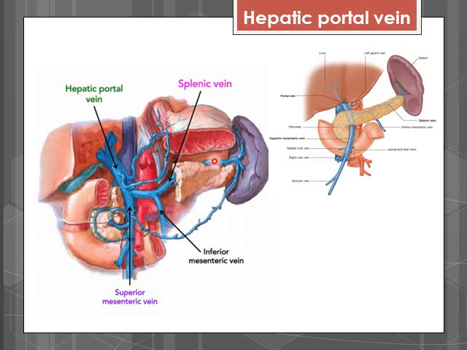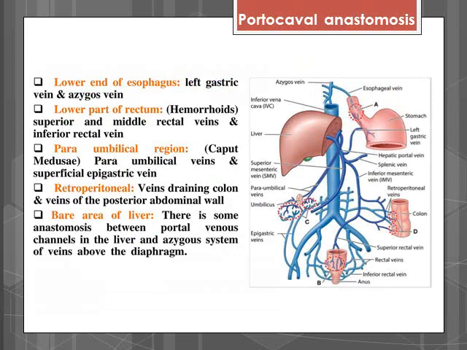Splenic vein drains also part of the stomach, spleen, pancreas, and distal part of the large intestine. Lastly, the small cystic vein drains the gallbladder. The liver receives 3/4 of its blood supply from the hepatic portal vein, and the other quarter from the celiac trunk through the proper hepatic artery.